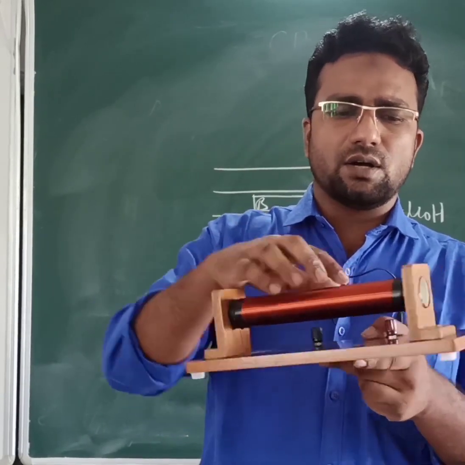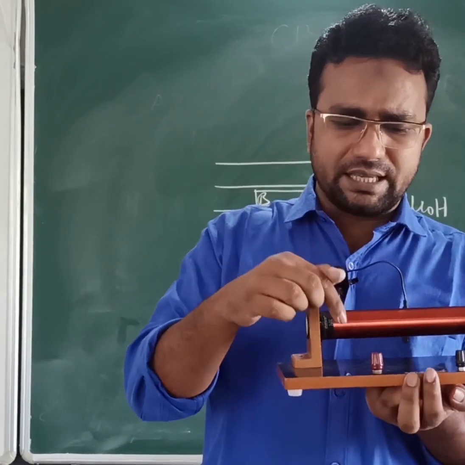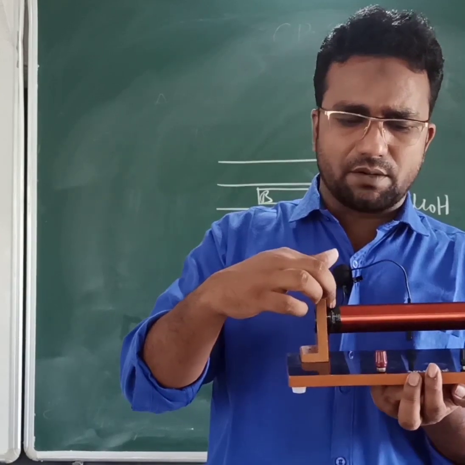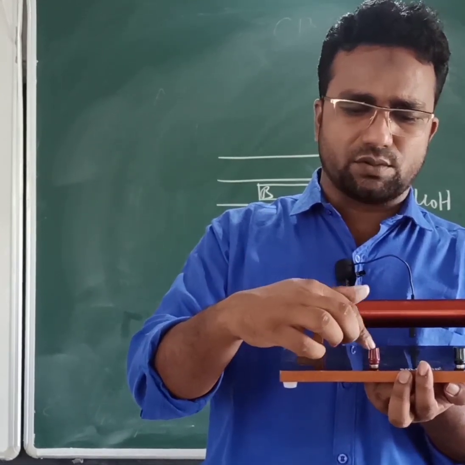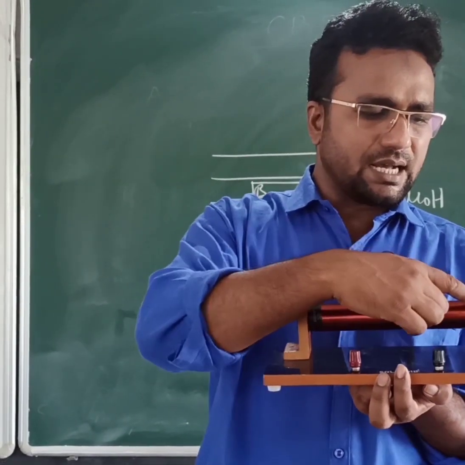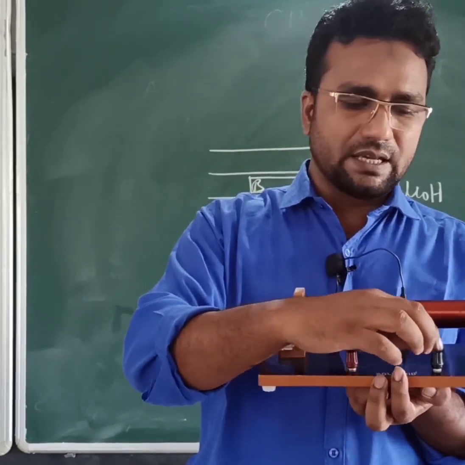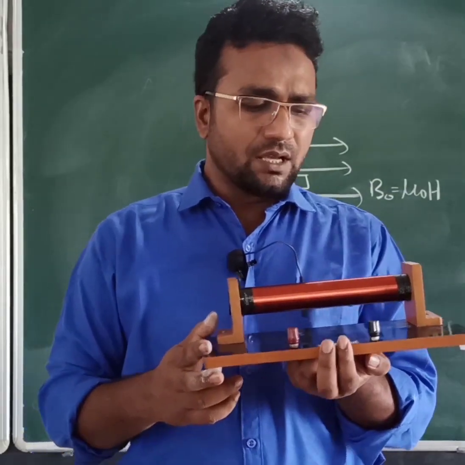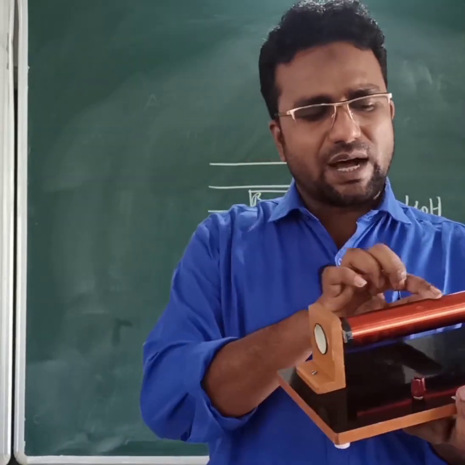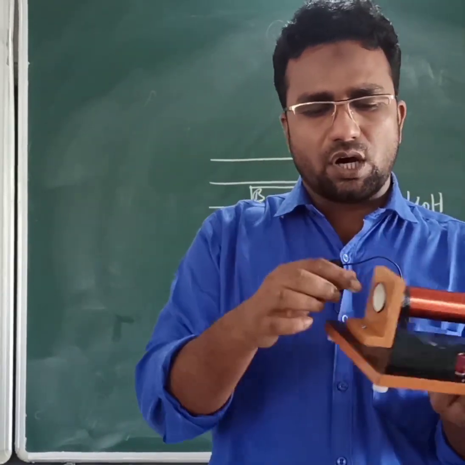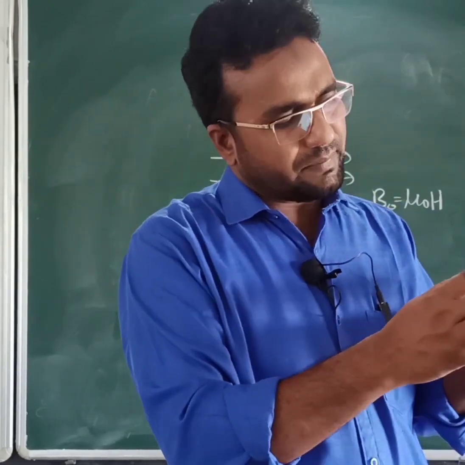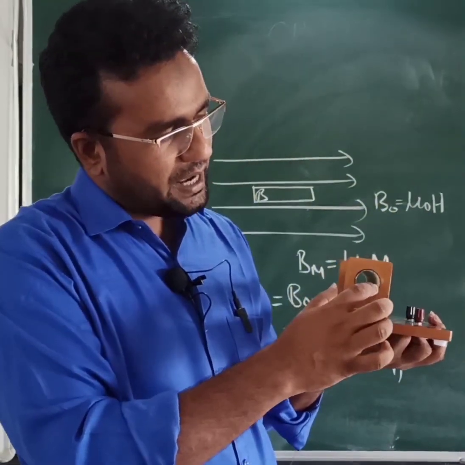We can see that one terminal of this wire is connected to the positive terminal, and the other terminal is connected to the negative terminal of the external circuit. This wire is wound over an insulating material, say a plastic pipe.